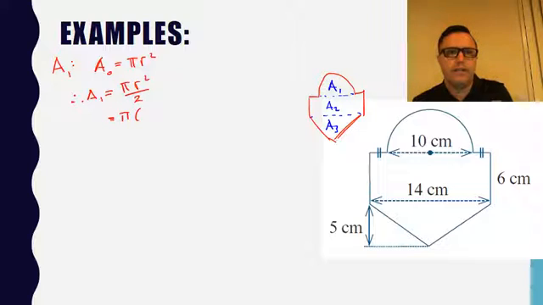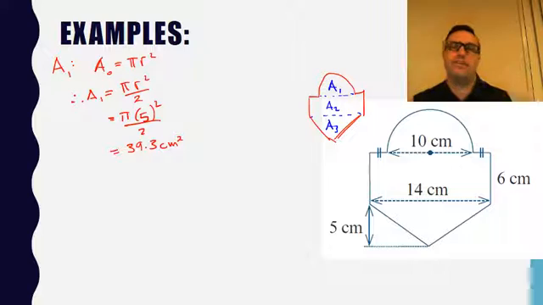So pi times 5 squared over 2. Chuck that in your calculator, you find it's about 39.3 centimeters squared. Please don't forget your units, it's super important. So that's area 1.